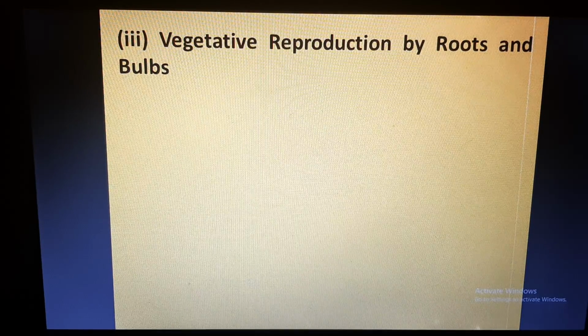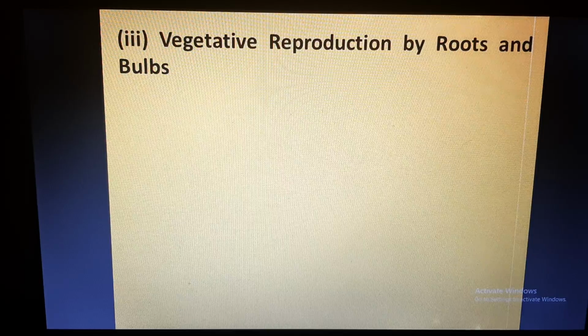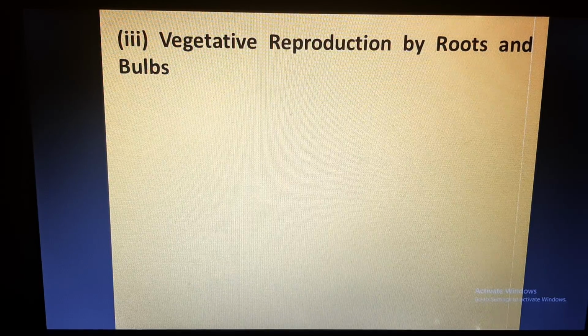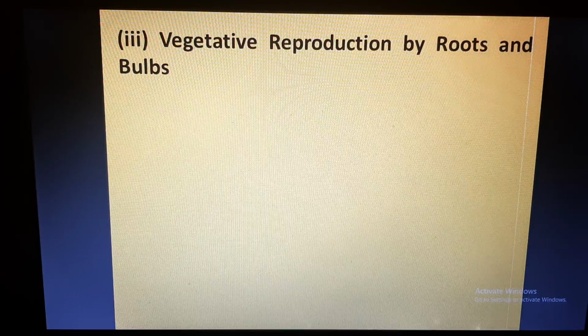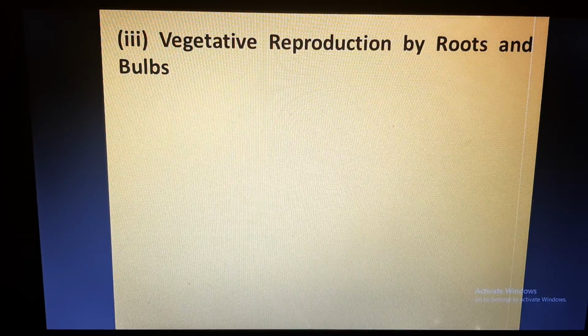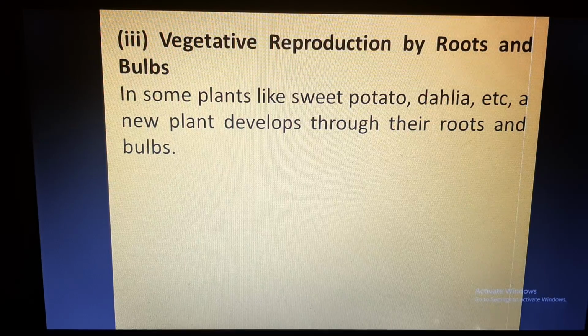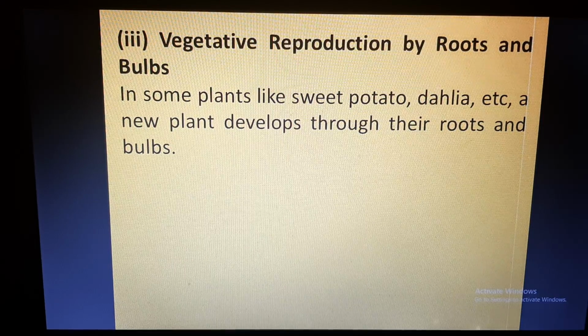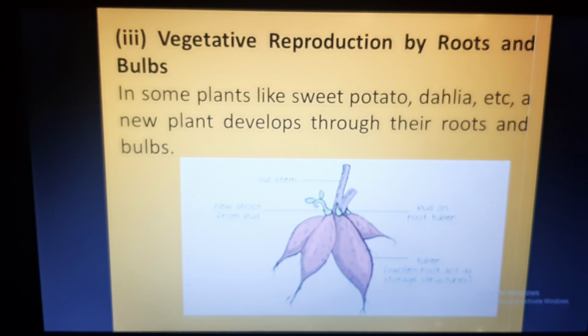Next is vegetative reproduction by roots and bulbs. So we have discussed till now vegetative propagation by stem, both by natural and artificial means. We have discussed vegetative reproduction by leaves, and now we are discussing vegetative reproduction by roots and bulbs. In some plants like sweet potato, dahlia, lilies, etc., new plants develop through their roots or bulbs.